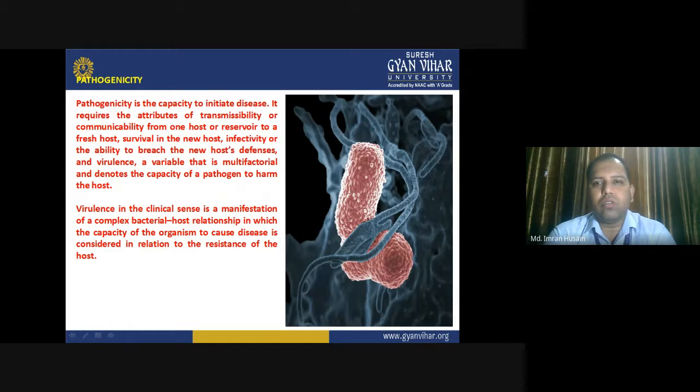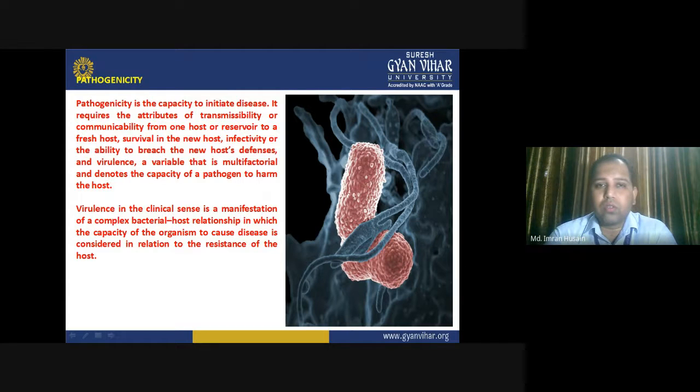So coming on to the pathogenicity. Pathogenicity is the capacity to initiate disease, right? So what is the main potential that bacteria need to have in order to switch on the onset of a disease? It requires the attributes of transmissibility or communicability.